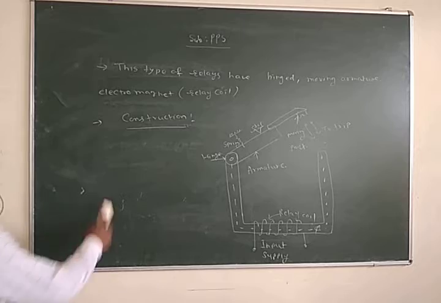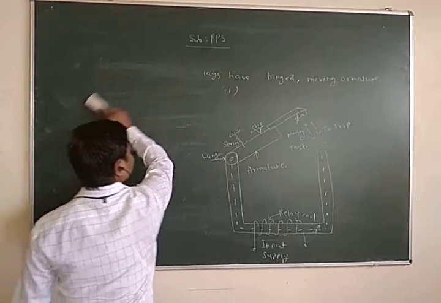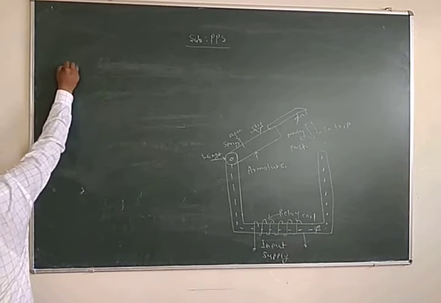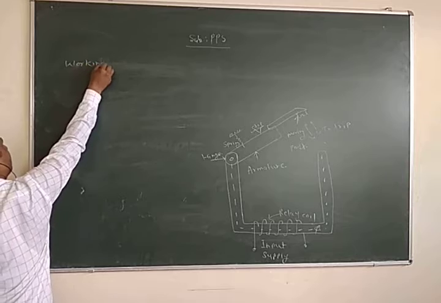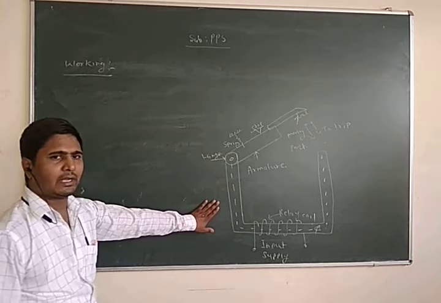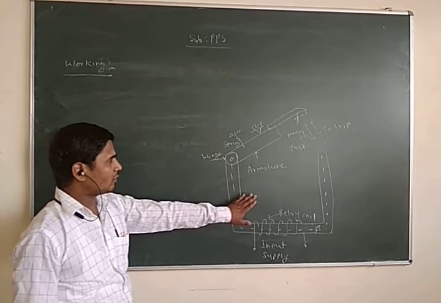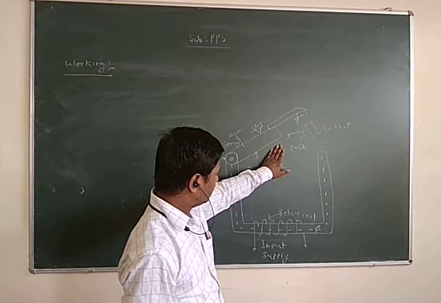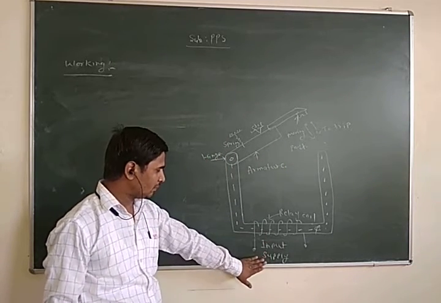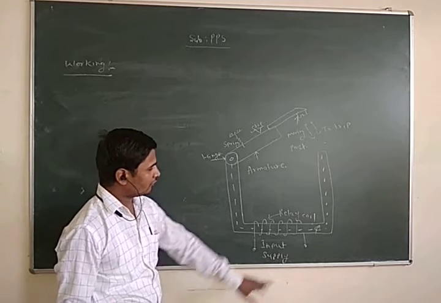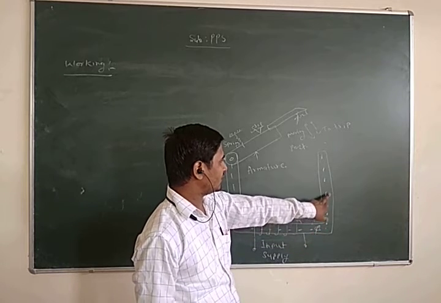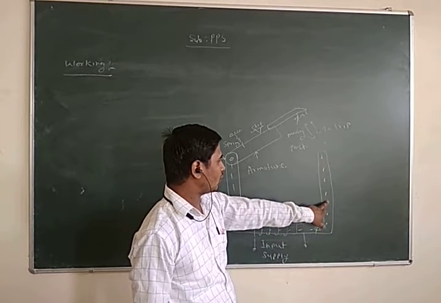Working of this relay: the working of this electromagnetic attraction type relay is based on attraction. First, we connect the relay coil with the input supply, due to which flux is produced in the core, and due to this flux, a magnet is produced in the core.